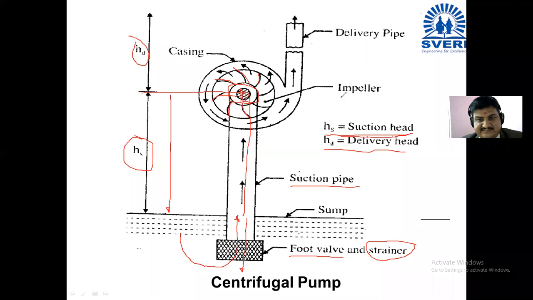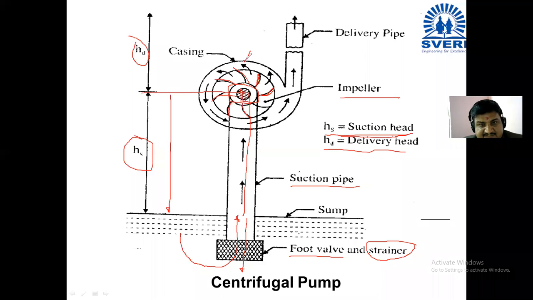Then next is the impeller. What do you mean by impeller? Impeller is nothing but a rotary disc on which these curved blades are mounted. These are the blades, but they are in a curved position. Understand?